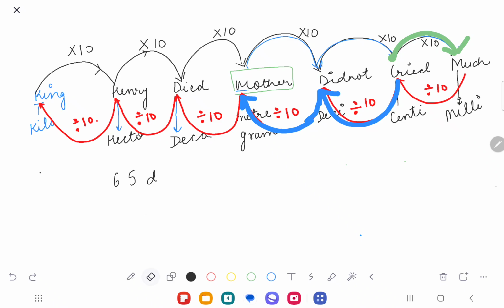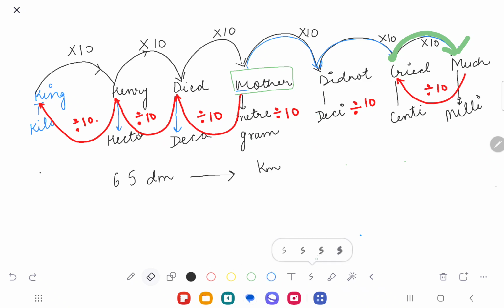Small dm means decimeter. I want you to convert decimeter to kilometers. Now you see, where am I supposed to move from? Left to right or from right to left? Right to left. So are we moving forward or are we moving backward? Backward. How many steps do you think?